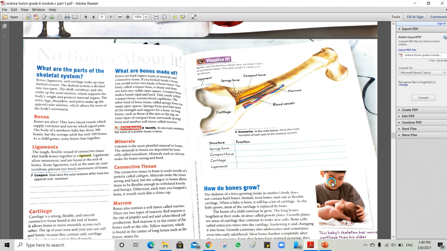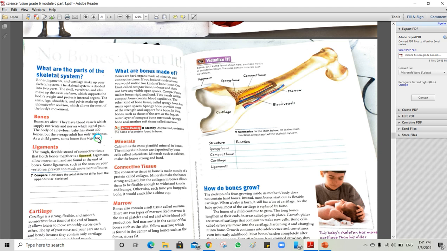But the number of bones of an adult, not a newborn, a child or a teenager, the average number is 206. As a child grows, some bones fuse together, because they are 300 when you are a newborn, but with time, those bones fuse together. So they are not 300. They become 206.